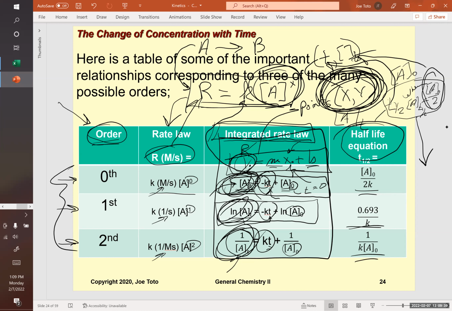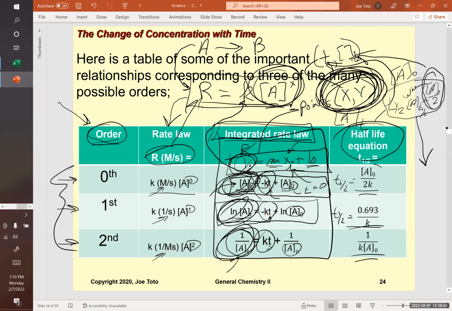And we can take a look at one of these right now, and I will in a second. But I just wanted to look at each one of these half-life equations. So T 1/2 equals that, T 1/2 equals that, and so forth, for the different integrated rate laws.